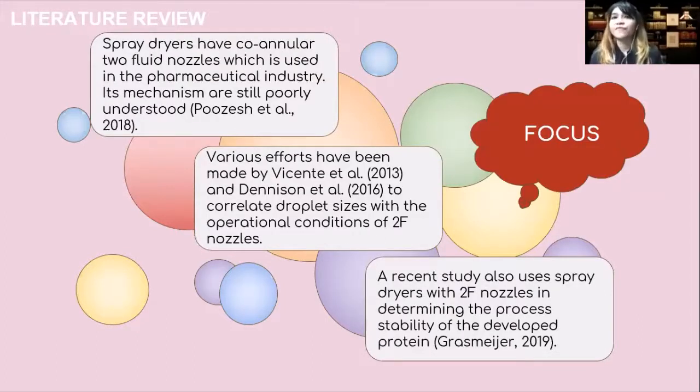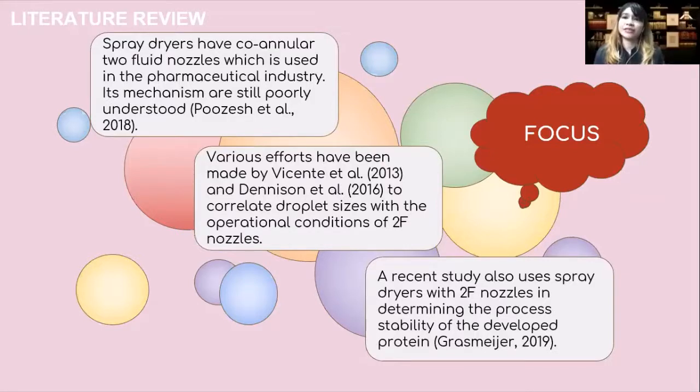Next, we will focus on spray dryers with two fluid nozzles, which is mostly used in the pharmaceutical industry. However, Puzes et al. in 2018 researched that its mechanisms are poorly understood.